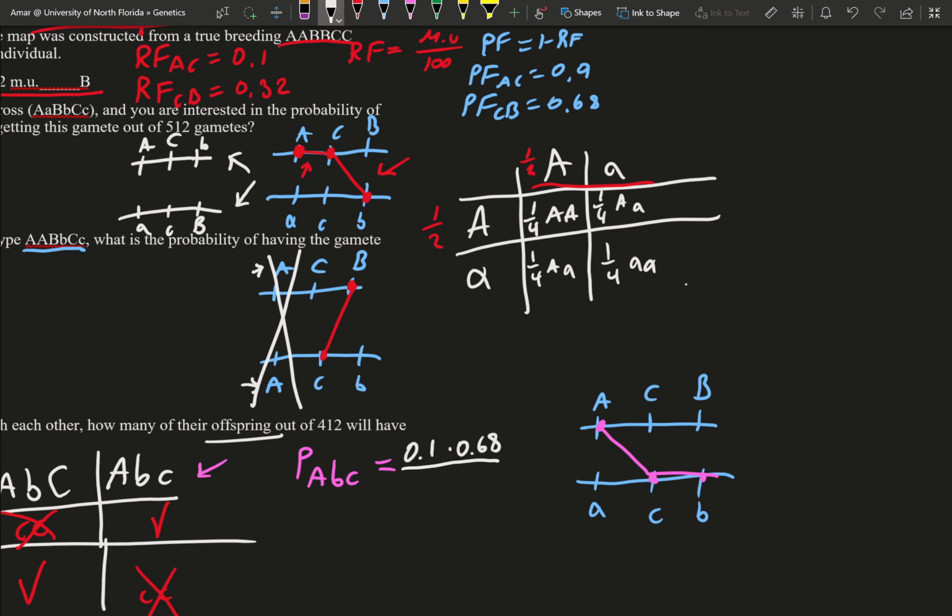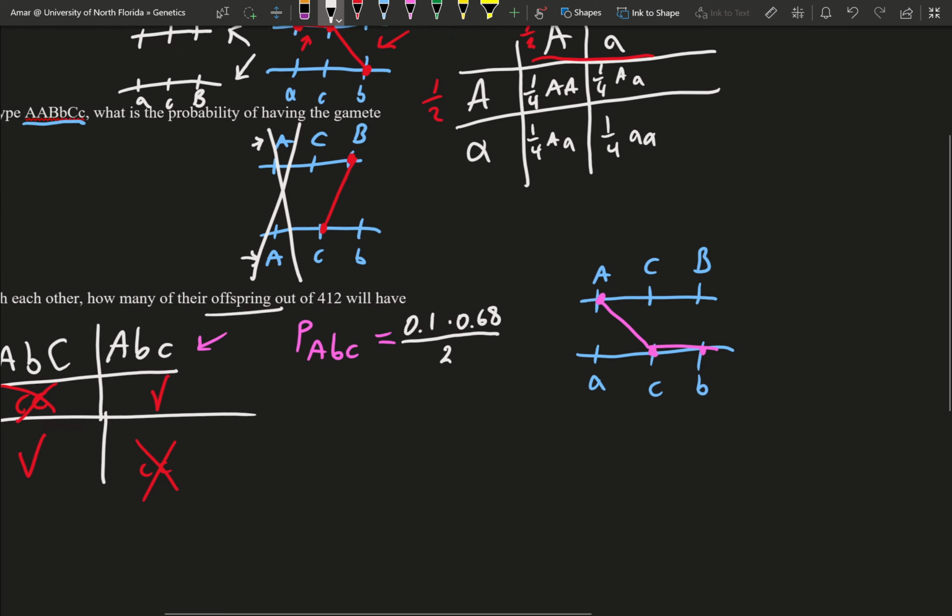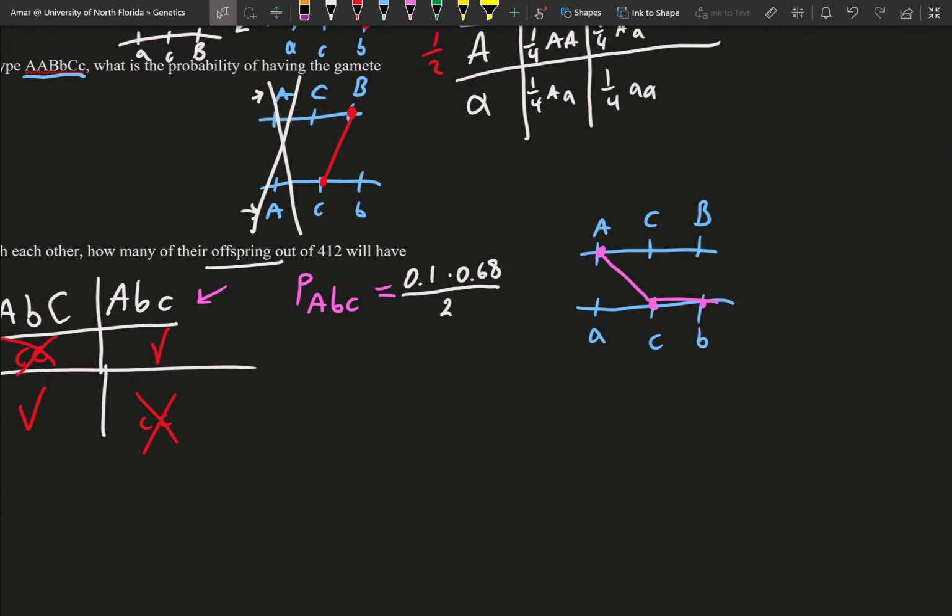And we're always going to divide these by 2, and then we're going to get that answer. So cool. Let me multiply that real quick. So we get an answer that is equal to 0.34 for the probability of you getting a big A, little b, little c gamete.